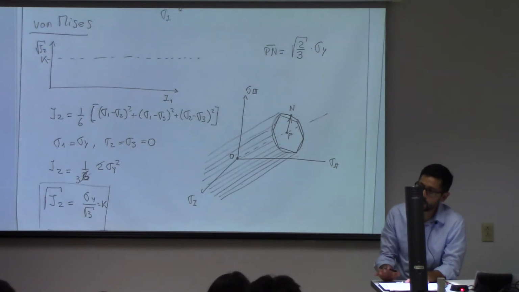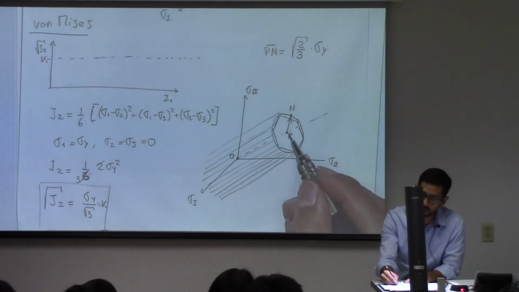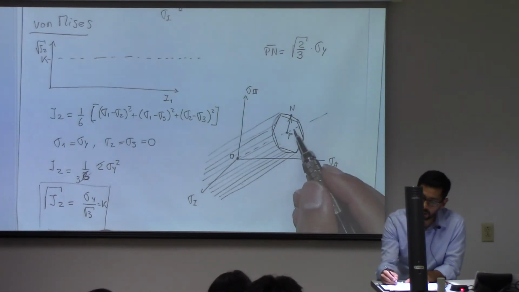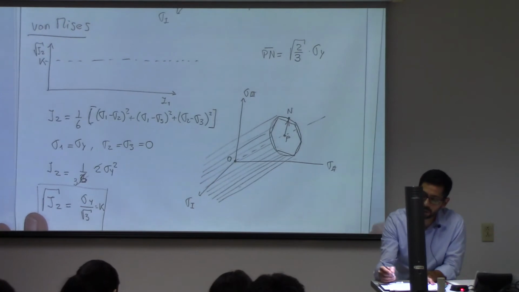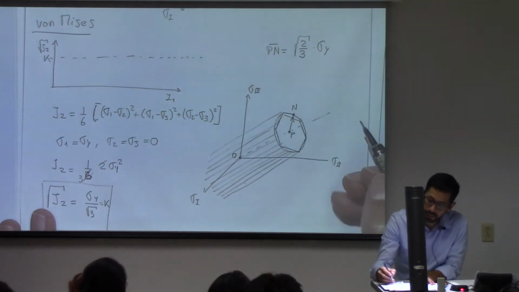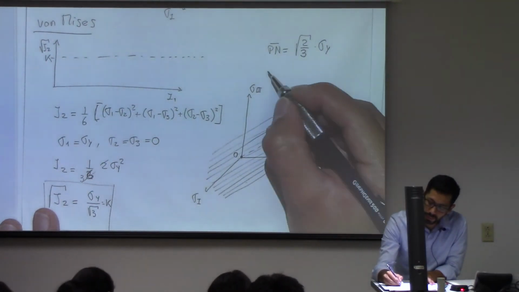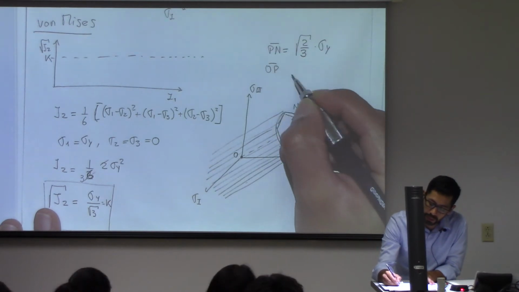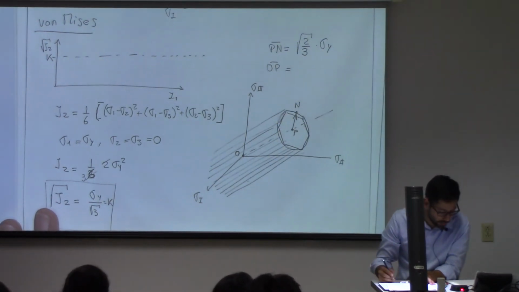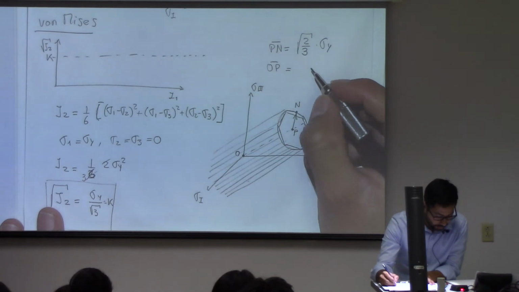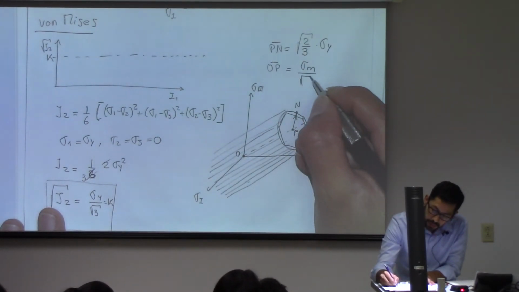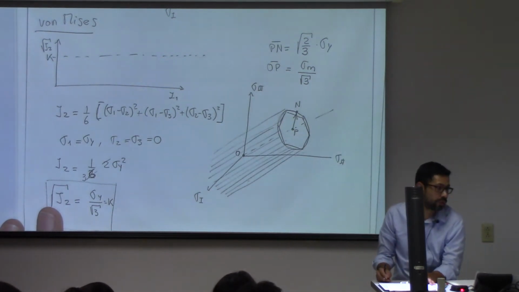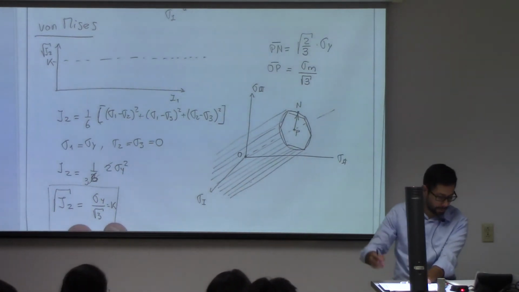That's the maximum radius that you can have, or well, actually that's the radius of the cylinder. And also the distance from O to P is going to be sigma m, the mean stress, divided by square root of 3.